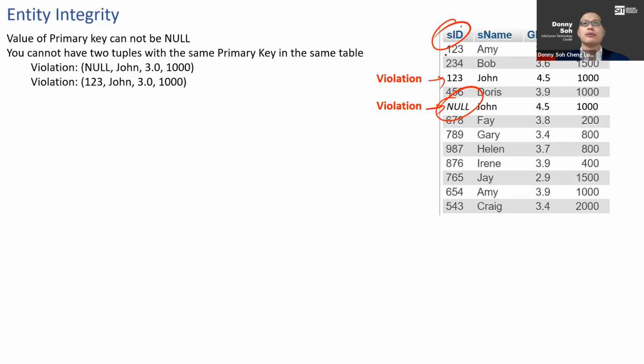This is my student table, and I have a null value over here. So this is a violation of this entity integrity rule. Your primary key cannot be null.